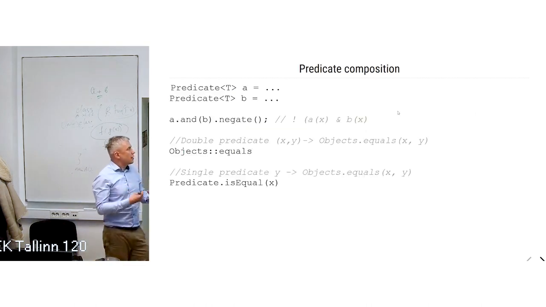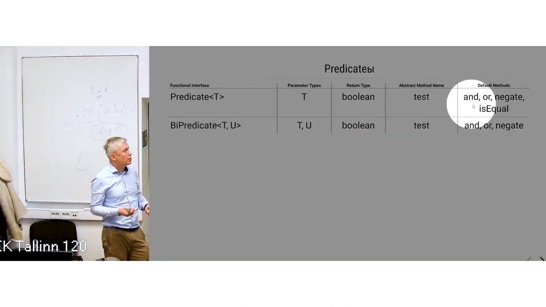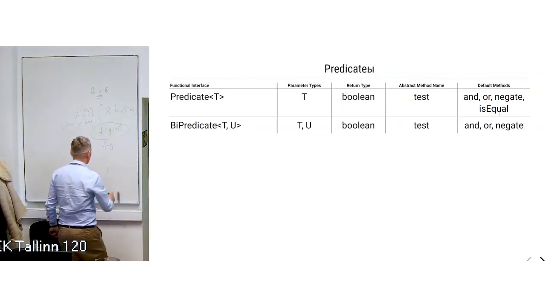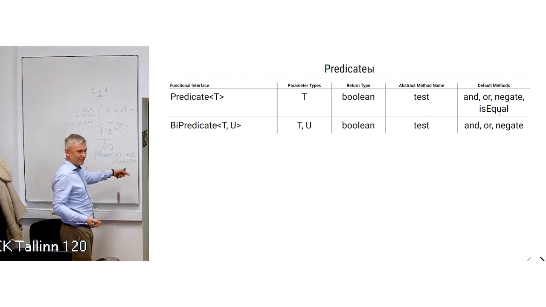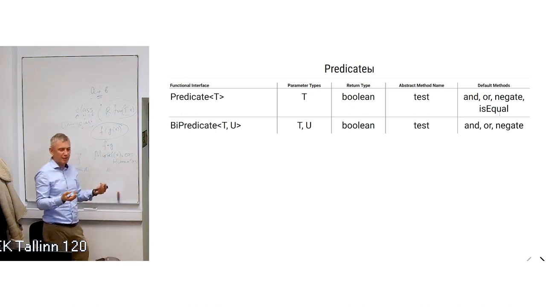Okay, predicates can also be composed, and with predicates you can compose predicate with your familiar functions like and, or, negate, is equal, like x is mortal and human x. See, you can, or just or human x. It just will be a different predicate. You understand how it works.